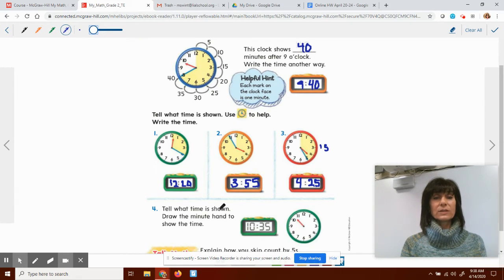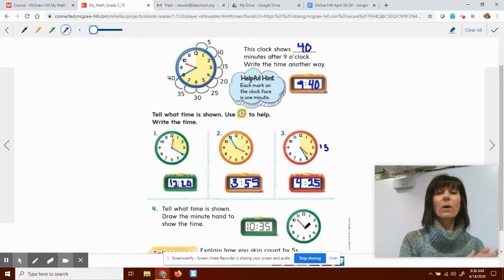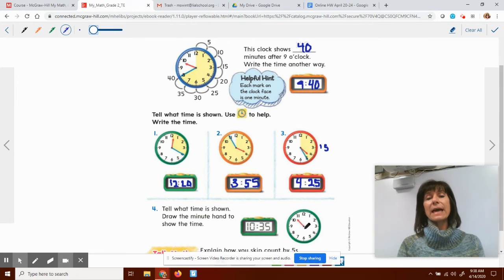Tell what time is shown. Draw the minute hand to show the time. In this case, they're showing us the digital clock. The digital clock says 10:35. So let's first start with the hour, and that's what they did. They've got the hour hand, which is not right on the 10 because it's not 10 o'clock. It's a little bit past 10.